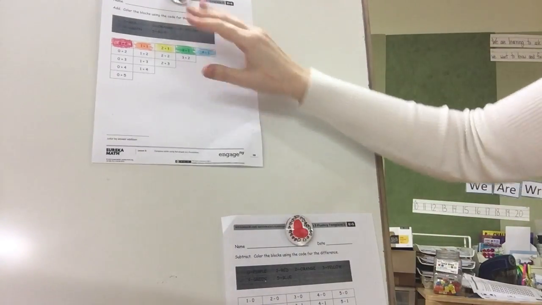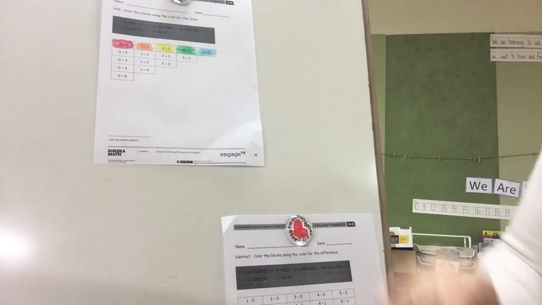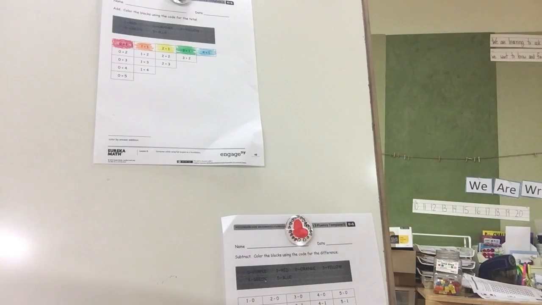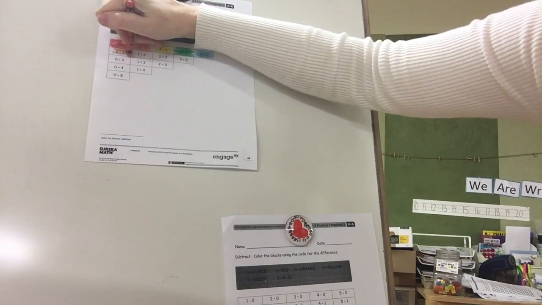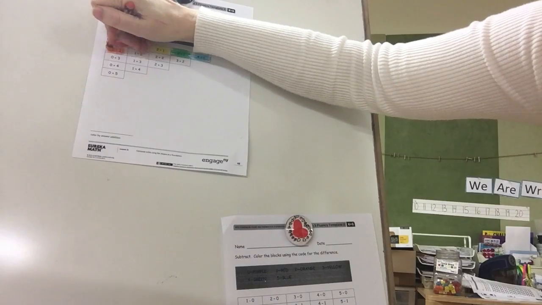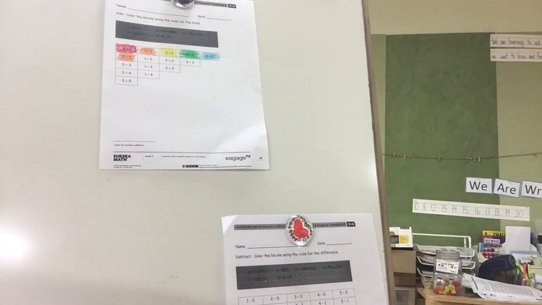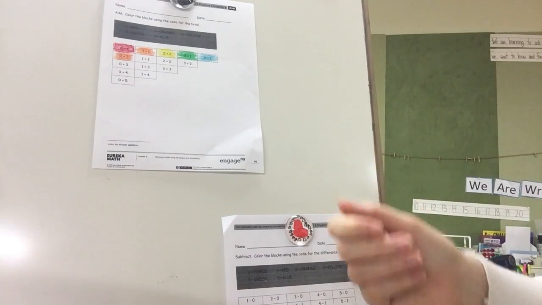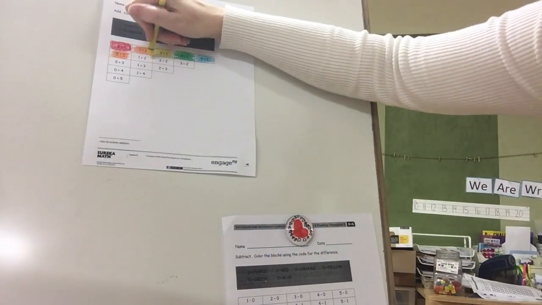Now I want you to keep working on it. So 0 plus 2 equals 2. And you color 2 orange. Okay? 1 plus 2 equals 3. You color it yellow.